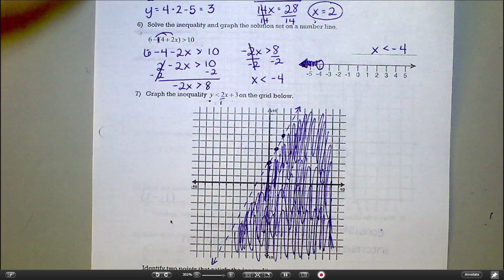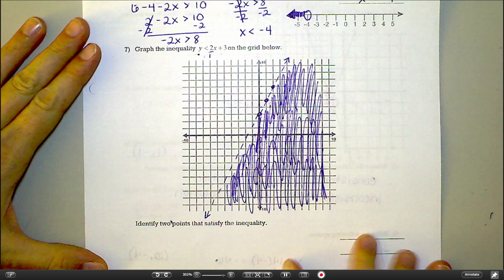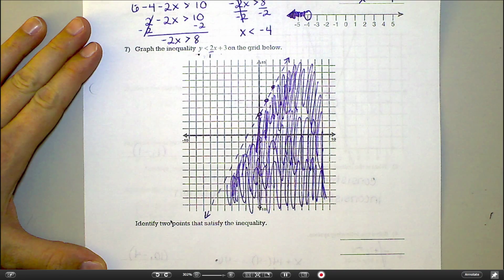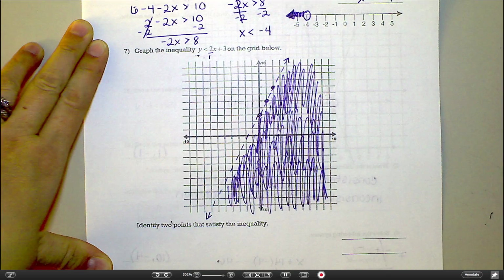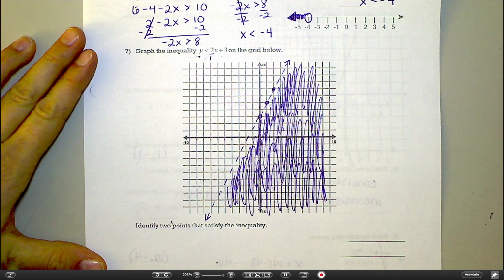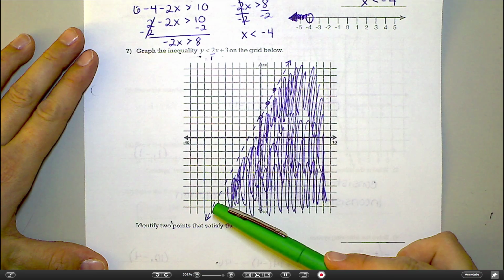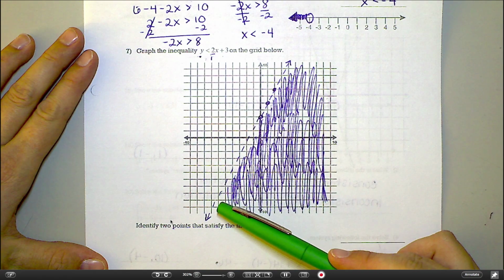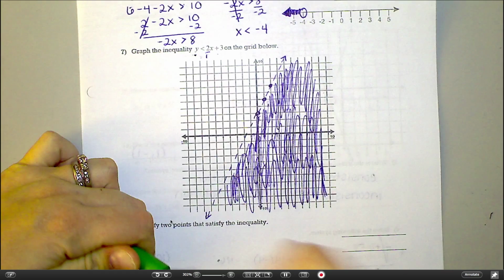Okay, and then the last part of that question says identify 2 points that satisfy the inequality. Well, remember, we just shaded all of the points that would satisfy the inequality. So you pick anything you want that's in the shaded area. However, because this is a dotted line, the line itself does not count. So I can't pick these points that are on the line, but I can pick anything that's shaded.